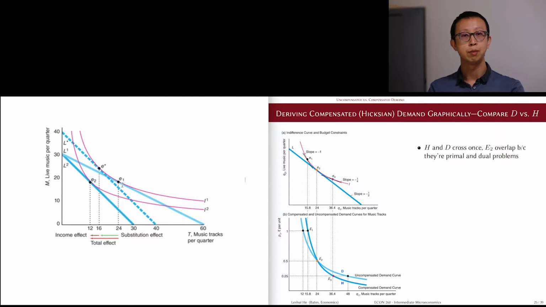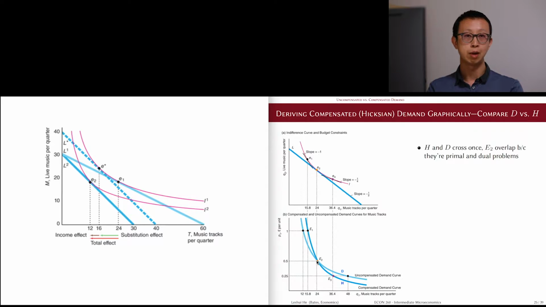We learned that if you pick this utility level, let's say the utility level at I1, and then minimize expenditure given the same prices, you will have exactly the same consumption bundle back, which lands back exactly at E1. So the Marshallian demand and the Hicksian demand are equal to each other at this point.